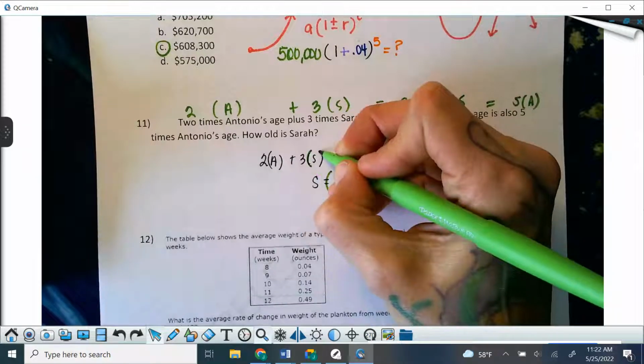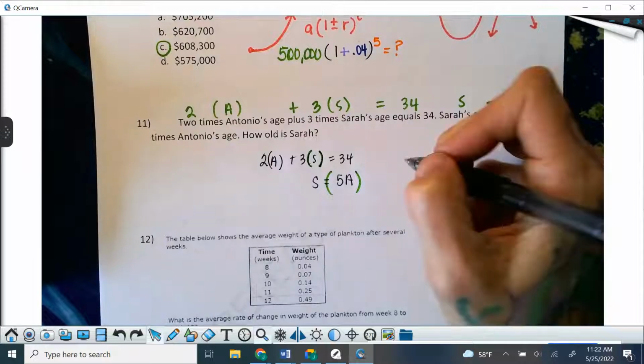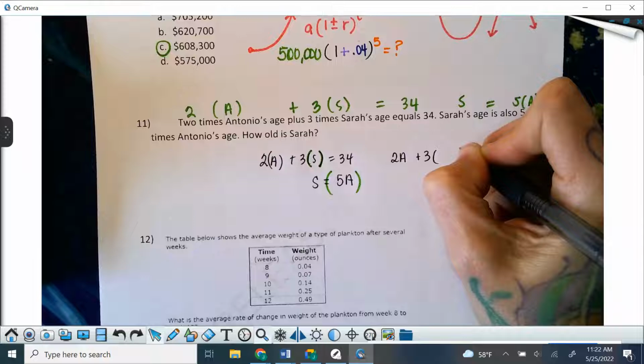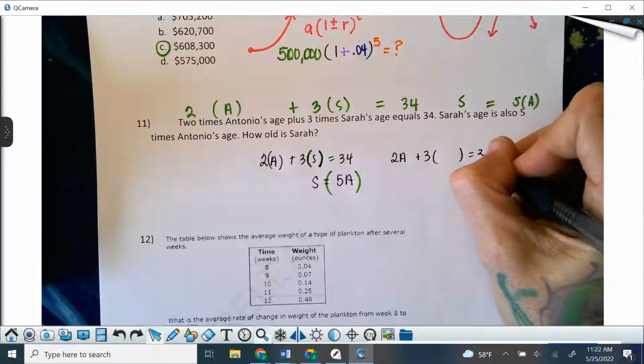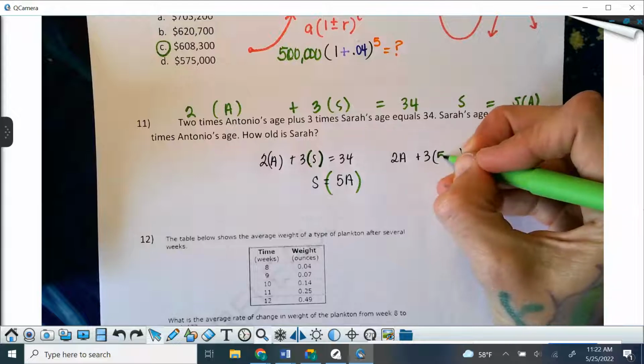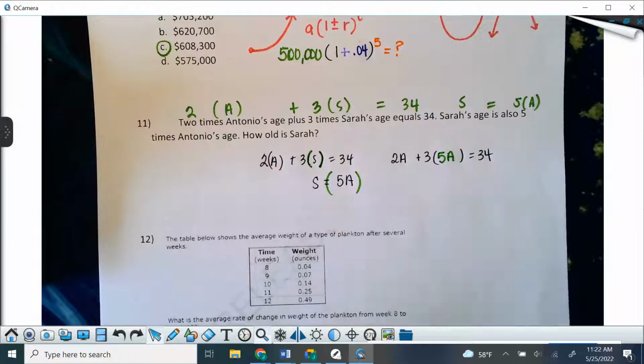So we're going to plug it in right there, and then we're going to solve it. So 2A plus 3. We're getting rid of our S because our second equation says S is 5A. So it's going to be 5A. I'm going to give you a minute, and I'll see if you can tell me what Antonio's age is.